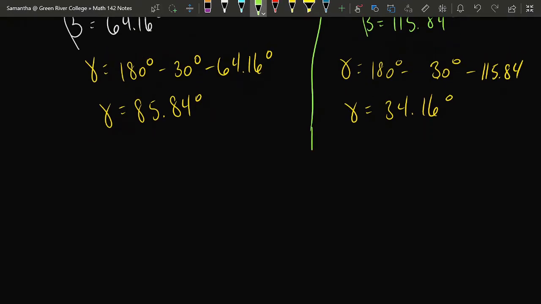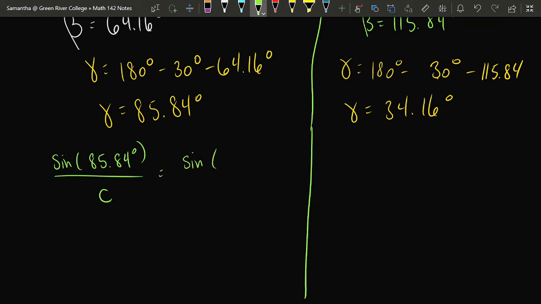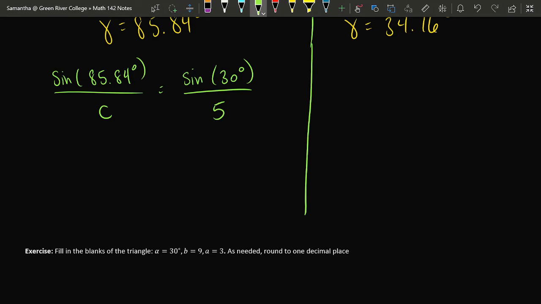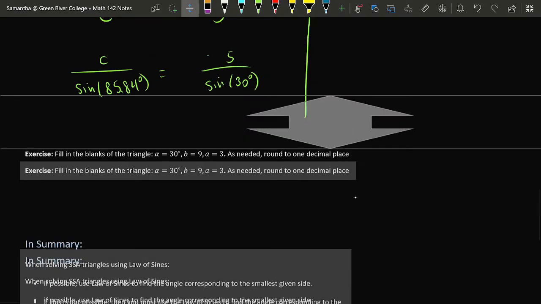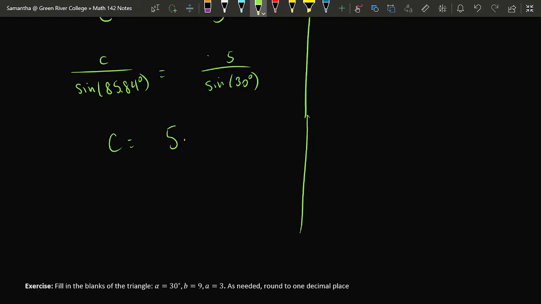In triangle number 1, we can use law of sines to determine the value of the side length C, to say that sine of gamma divided by C is equal to, one option would be sine of alpha divided by A. So if I reciprocate both sides, which will move the side lengths to the top and the sines to the bottom, then the value of C in this case would be 5 times sine of gamma divided by sine of alpha.